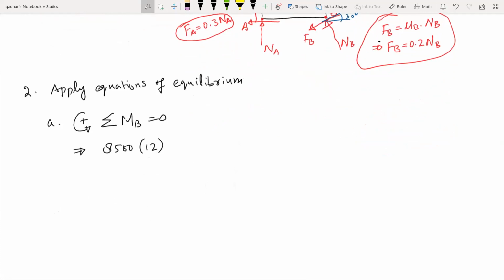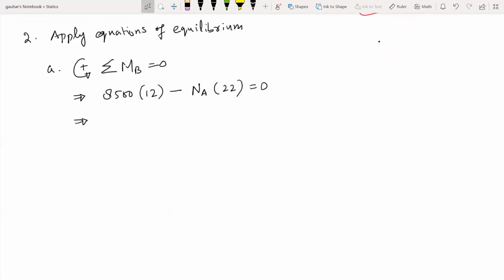It's counterclockwise, so it's a positive moment. Then we have N sub A creating clockwise moment, so it's a negative moment. N sub A times 22 equals 0.